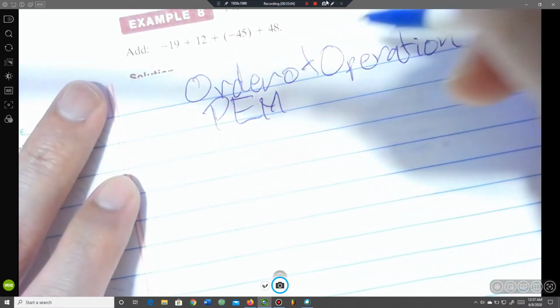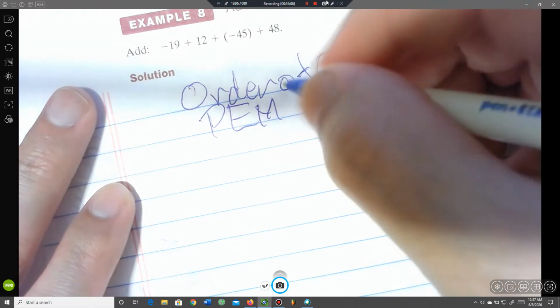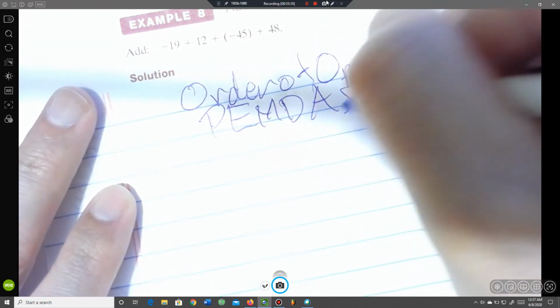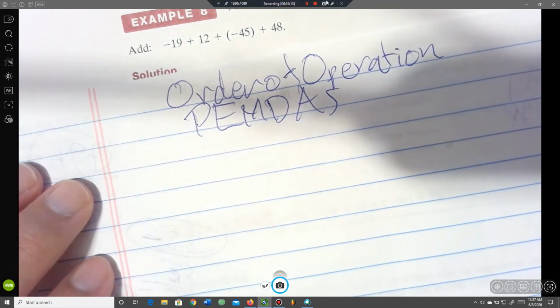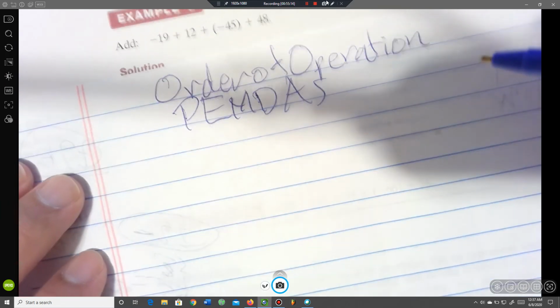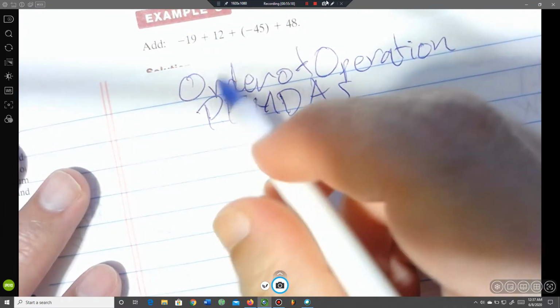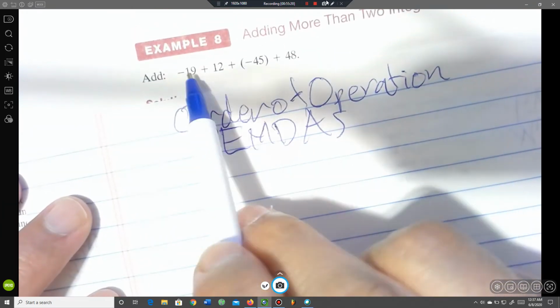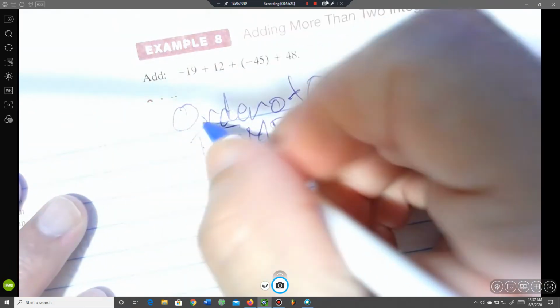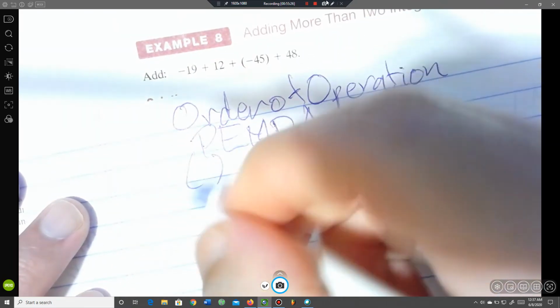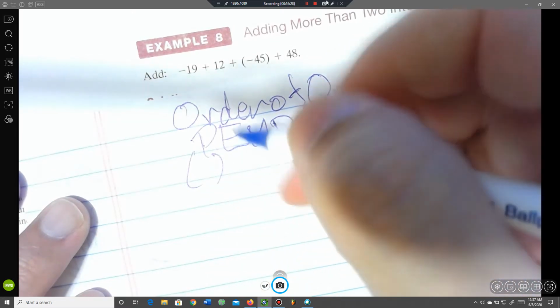And if you can memorize this, or at least write it down, and just have it available. If you can't remember it, use it every time you see a problem like this, a long problem. P stands for parentheses, and you can write the whole word here if you want.